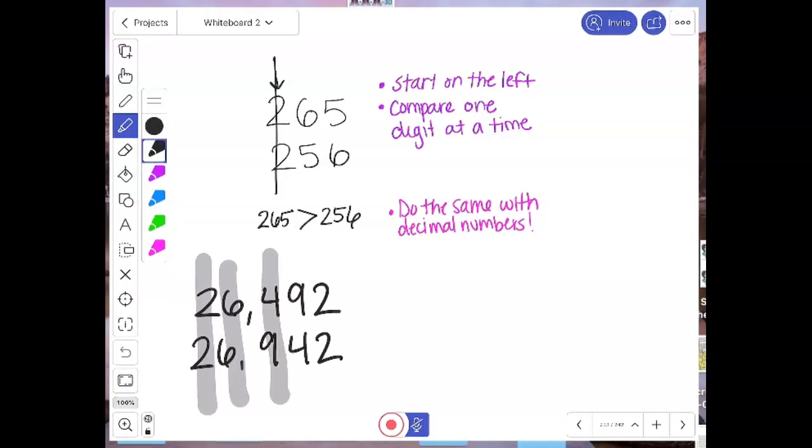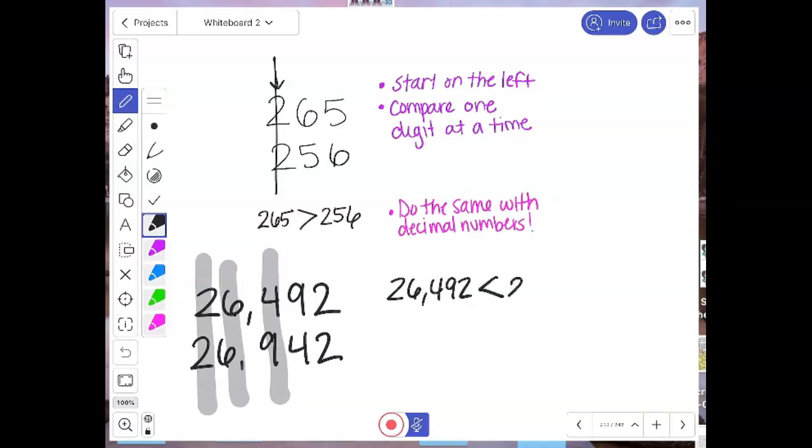But if I come to here, I've got a difference. And when there's a difference, I can compare. I see that 400's less than 900. I don't need to compare anything else. I'm done. So 26,492 is less than 26,942. So you've done that before. That's a review. Go digit by digit and then compare.